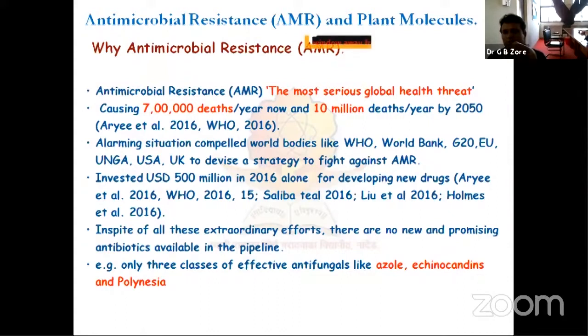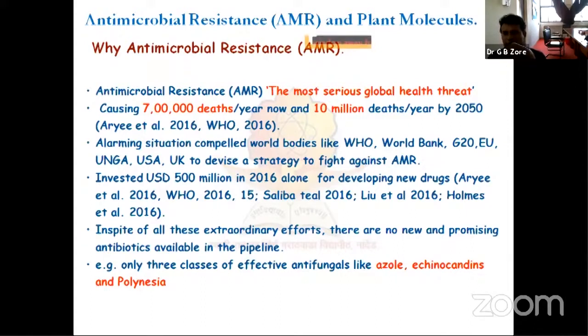Unfortunately, though azoles, echinocandins and polyenes are known for their efficacy, recent data shows that most of the fungal pathogens have started evolving resistance towards these drugs, especially against azole, because polyene, though it is effective, has severe side effects and restricted use.